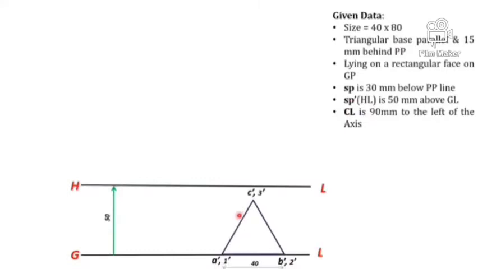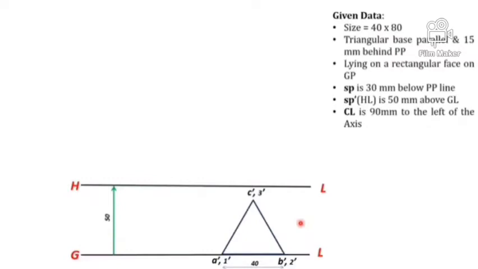Now here you can directly draw the front view of the prism, because, as I have already explained, the prism is lying on its face on the ground plane and its axis is perpendicular to the picture plane.